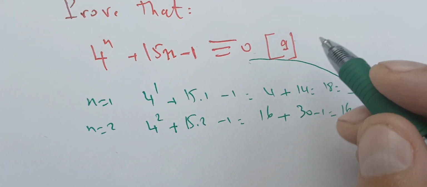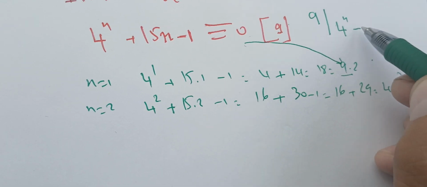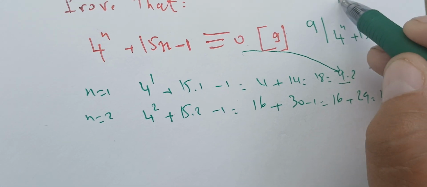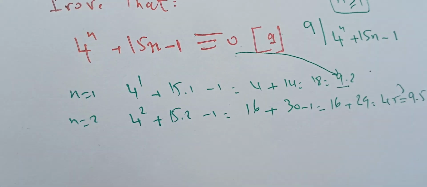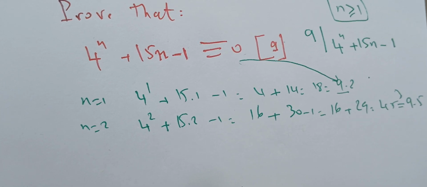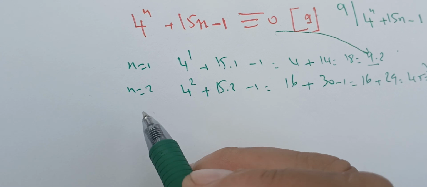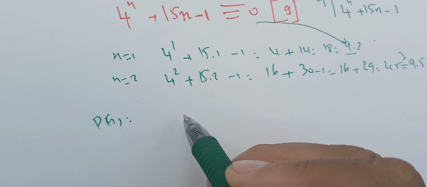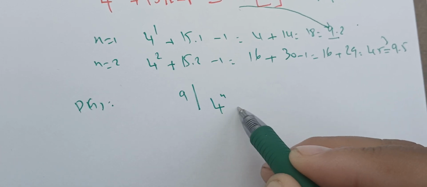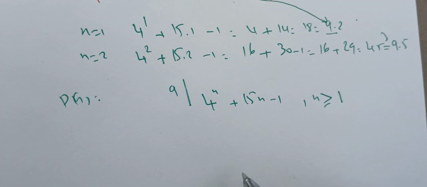This means that we need to prove that 9 divides 4 to the power n plus 15 times n minus 1, where n is at least 1. The easiest way to do that, as I said, is using the principle of mathematical induction. So let's call the statement P of n: 9 divides 4 to the power n plus 15n minus 1, with n greater or equal than 1.